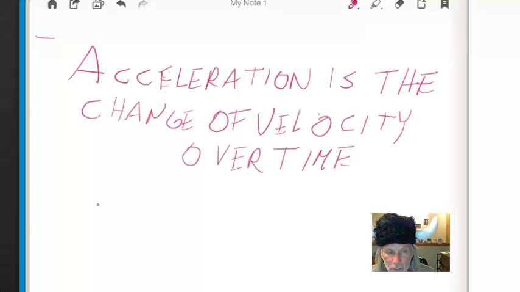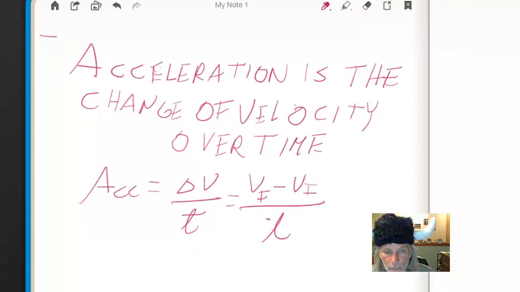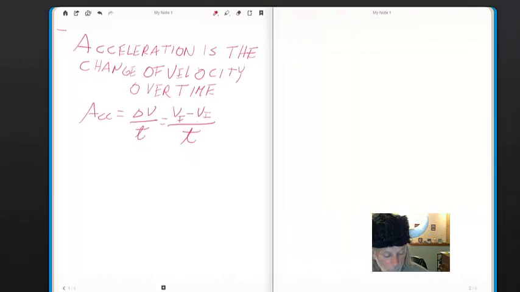So the formula for acceleration is acceleration equals a change in velocity over time. Sometimes you'll see it written as final velocity minus initial velocity all over time. So we might as well take a look at a problem.